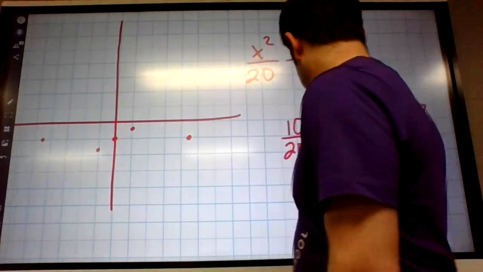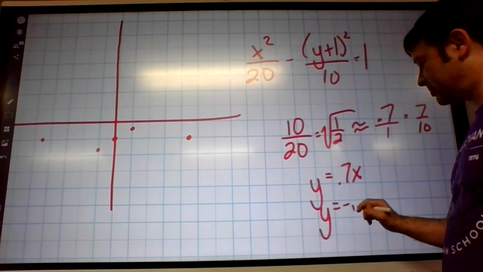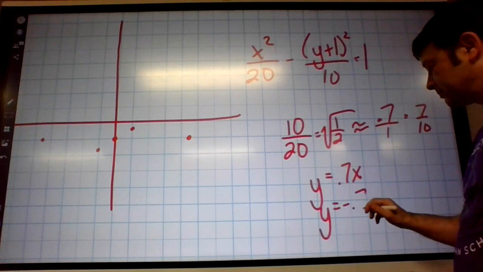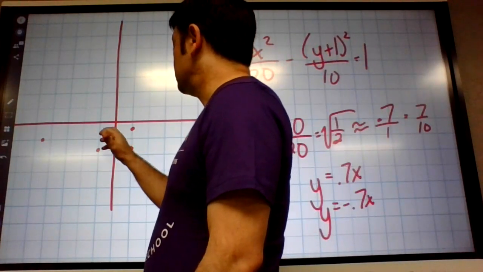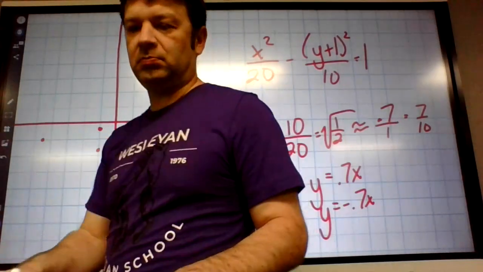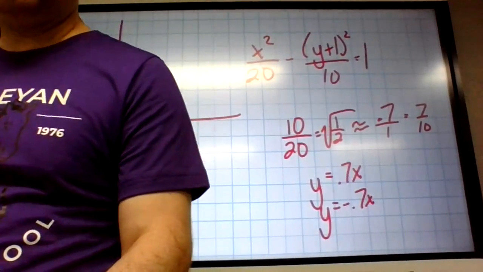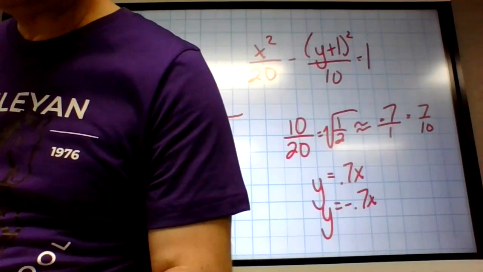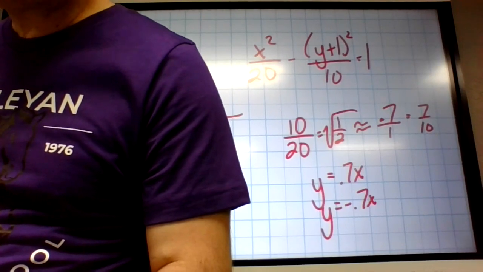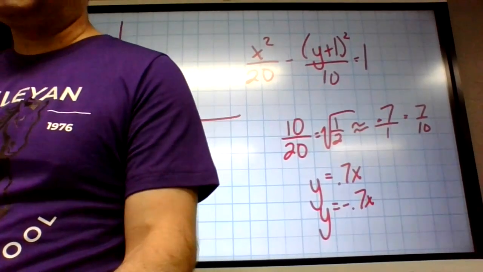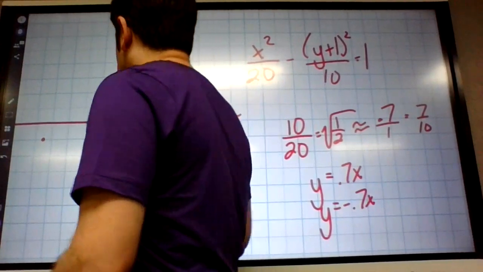The negative slope also should work. It's just a mess. That's why the book gave us nice numbers.